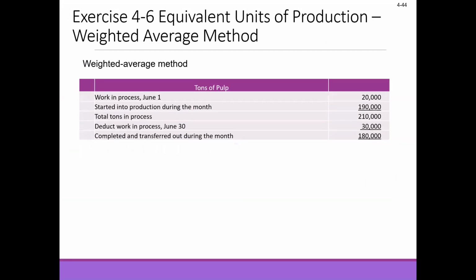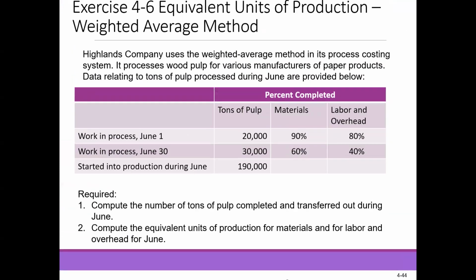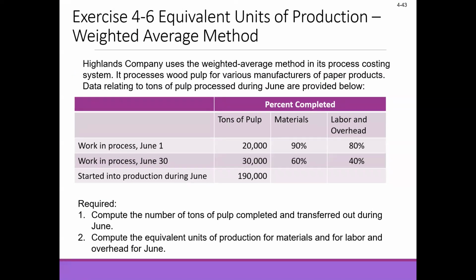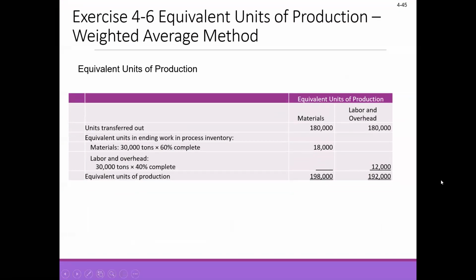We know we have 180,000 units we transferred out from our previous portion during the month. The equivalent units in ending work in process inventory. For materials, we see it was 30,000 at 60%. Okay. So our 30,000 at 60% complete is 18,000.